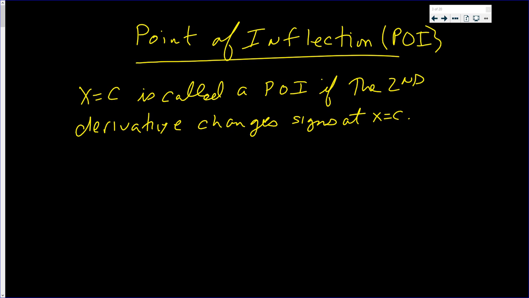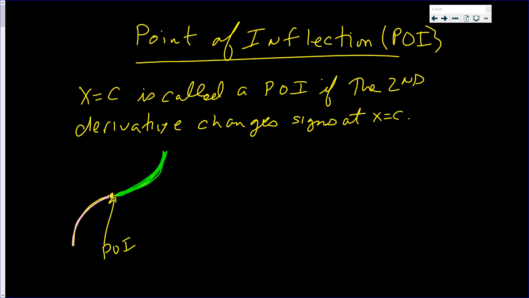For example, if a function is going like this, that's concave down, and then right there it starts to go concave upward, that point is a point of inflection, because to the left it's concave down, to the right it's concave up.